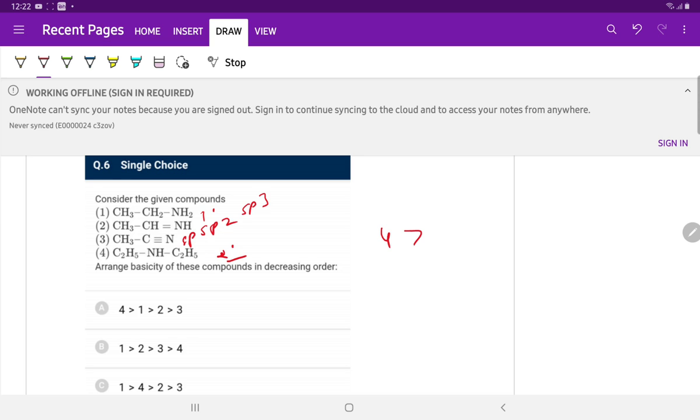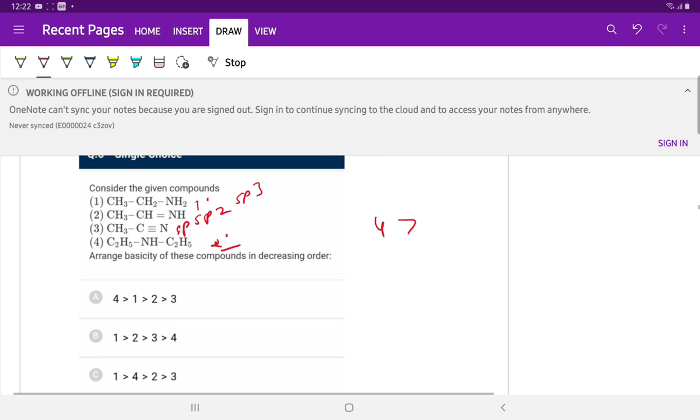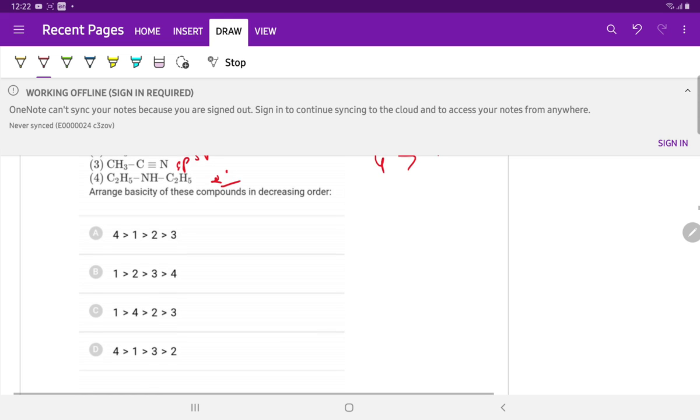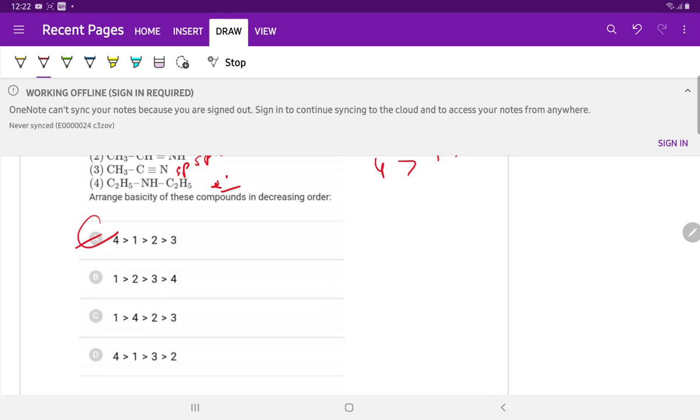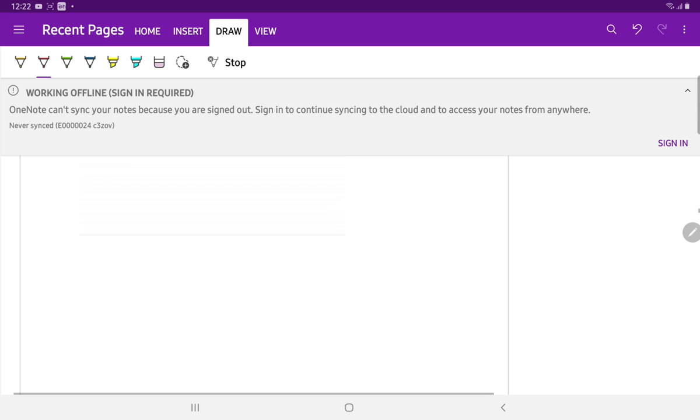Then sp hybridized nitrogen is most electronegative, so the lone pair is attracted by nitrogen and cannot be donated easily to H plus. So the most basic nitrogen is sp3 hybridized. 4, 1, 2 and 3 is the least basic. 3 is the least basic, so option A is correct for question number 6.